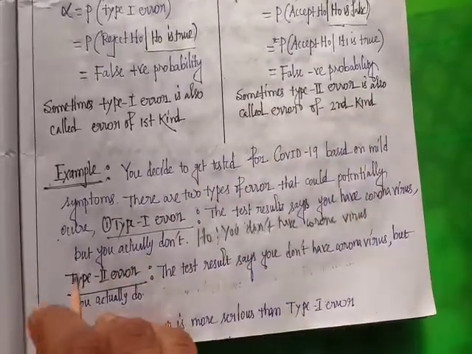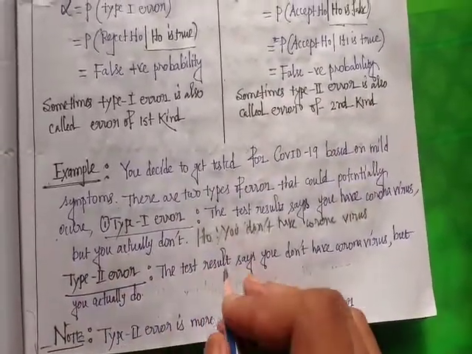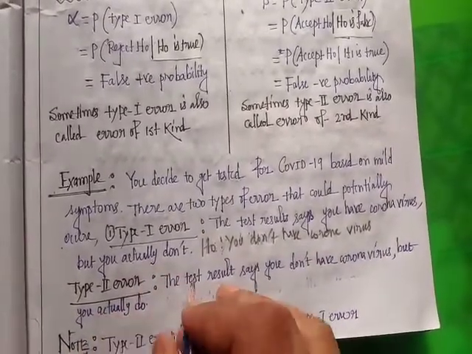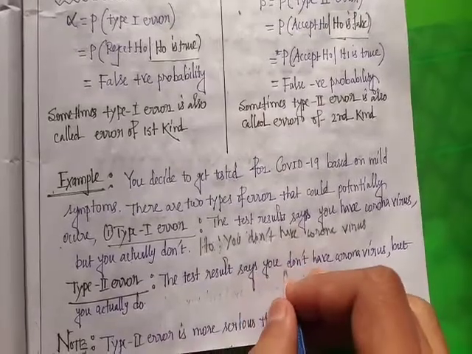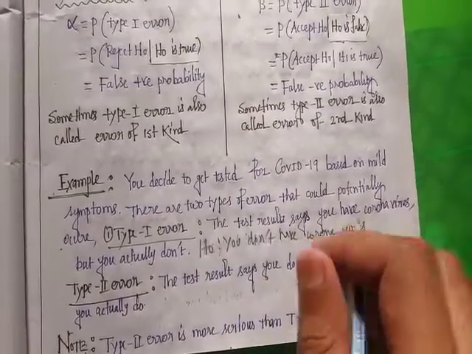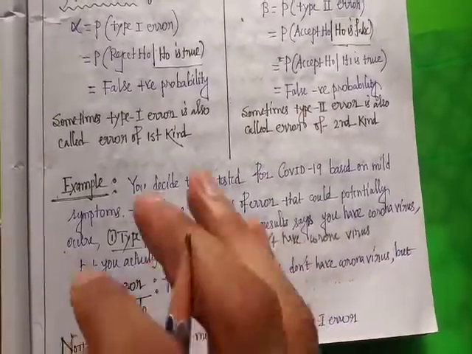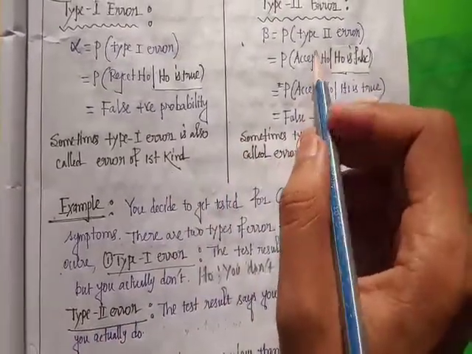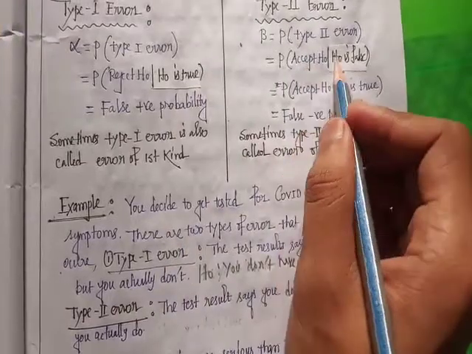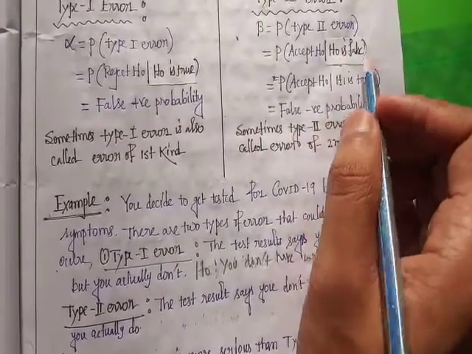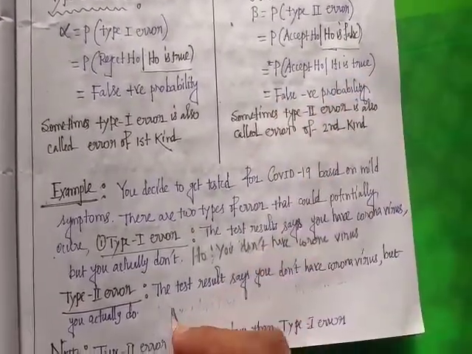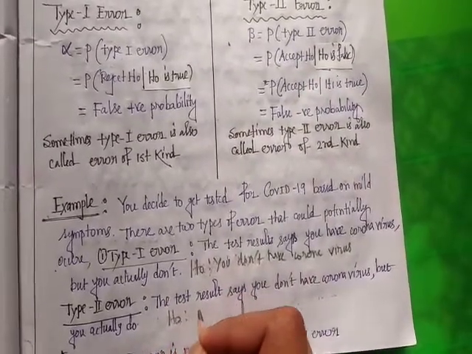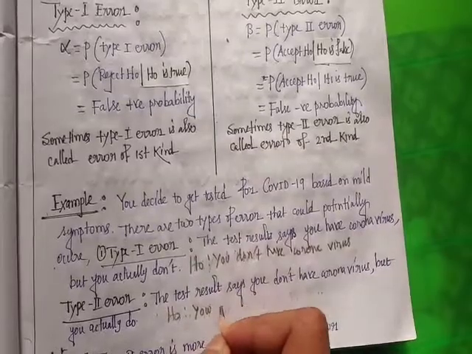And type 2 error: the test result says you don't have coronavirus but you actually do. In this case type 2 error will occur. Type 2 error means accept H0 when H0 is false. The correct statement of H0 is you have coronavirus.